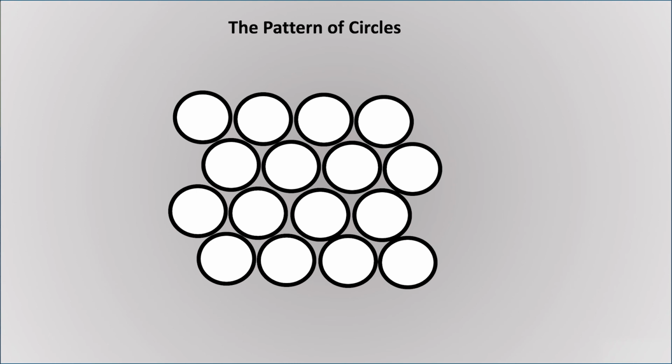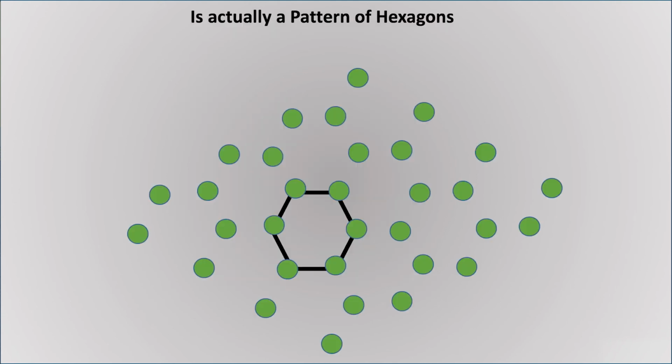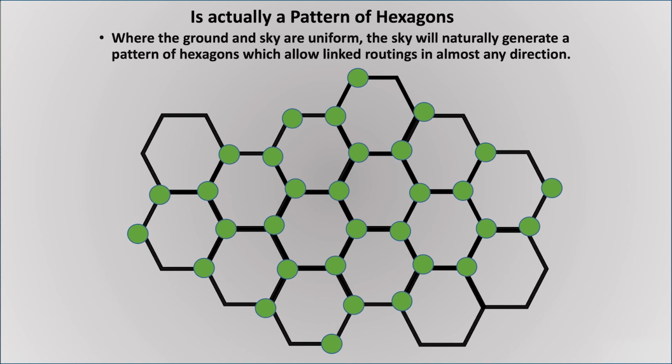If we consider a pattern of circles, because all thermals are circular, we find that the cells can only be so far apart, and a single cell can be surrounded by 6 cells in a hexagon, as shown here. So here's my pattern of hexagons. Where the ground and sky are uniform, the sky will naturally generate a pattern of hexagons which allow linked routings to almost any direction.